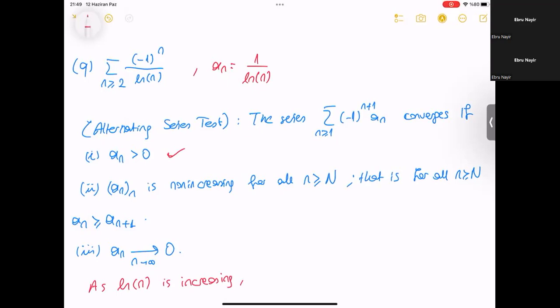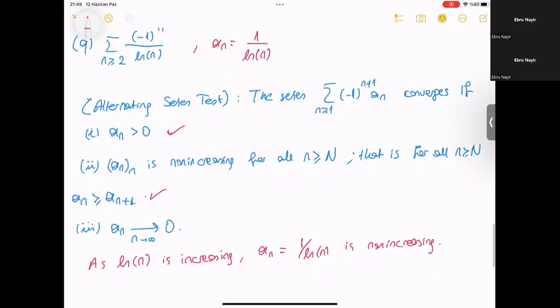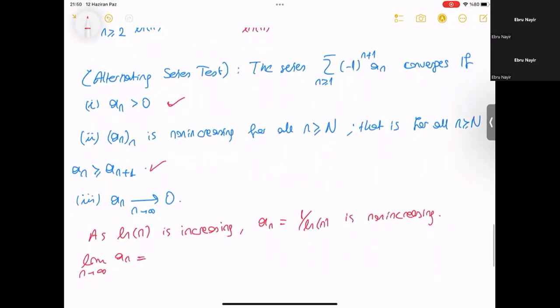So this one is also checked. Now what about the limit of a sub n when n approaches infinity?